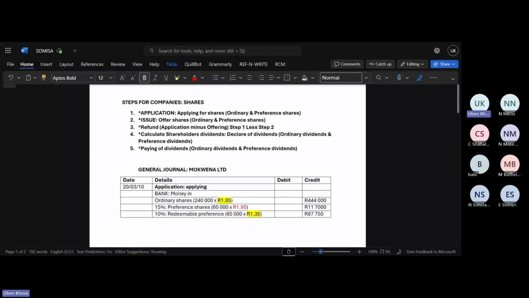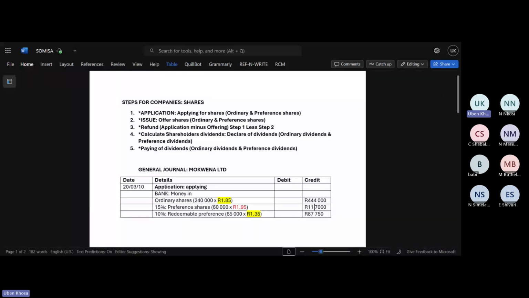We move to the next one. Preference shares. They applied for how many shares? 60,000 shares. Let's convert these shares into money. We multiply by how much each share? 1,95. In value, they applied for shares worth how much? 117,000 rand. We are also done with this one.